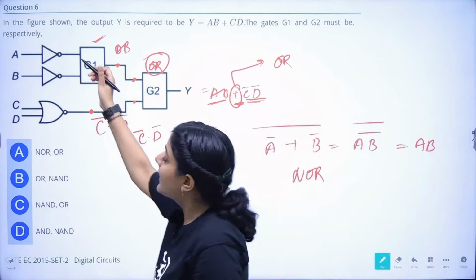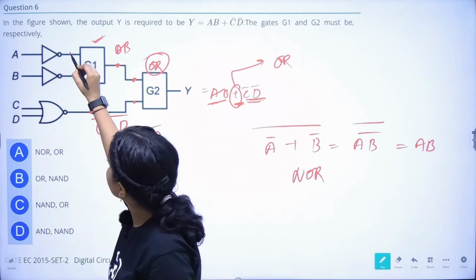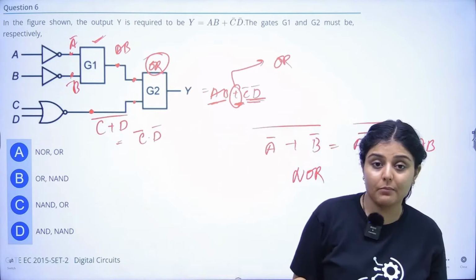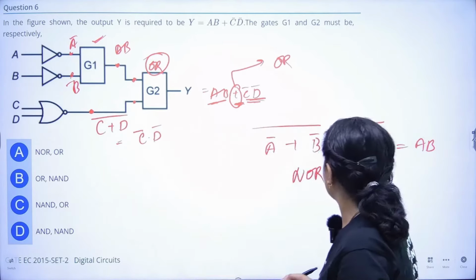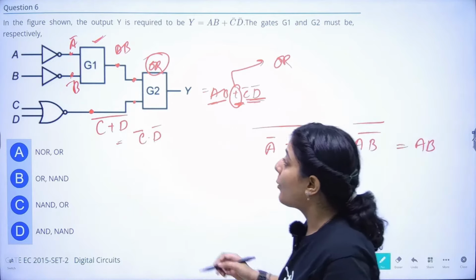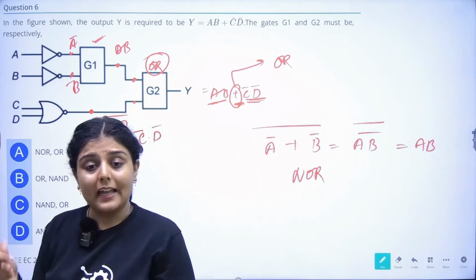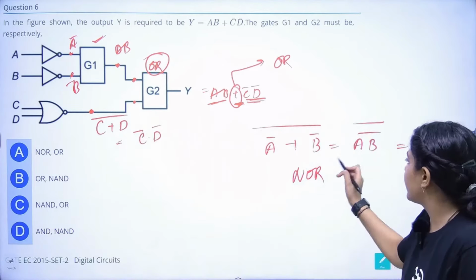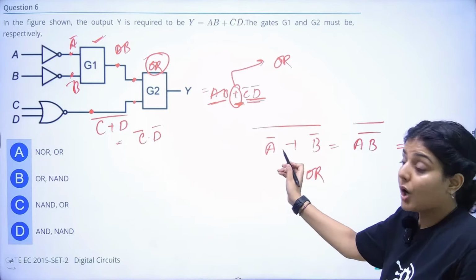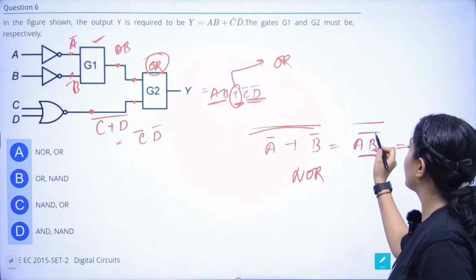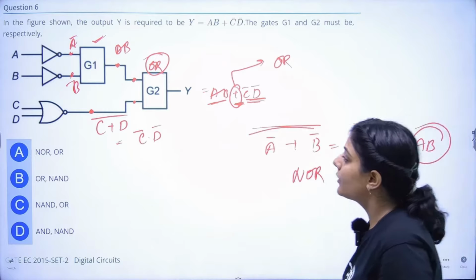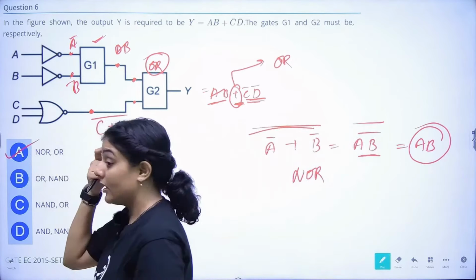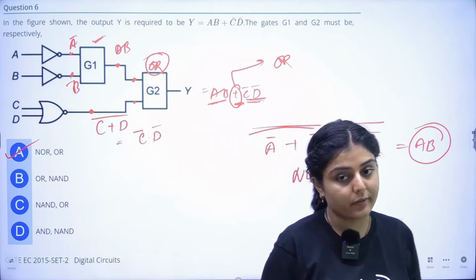If I add A and B, because these outputs are A bar and B bar, and I want to find AB from this, right? So complemented inputs to any NOR gate will give you an AND gate. So gate G1 and gate G2 will be NOR and OR. So that will be your correct answer.